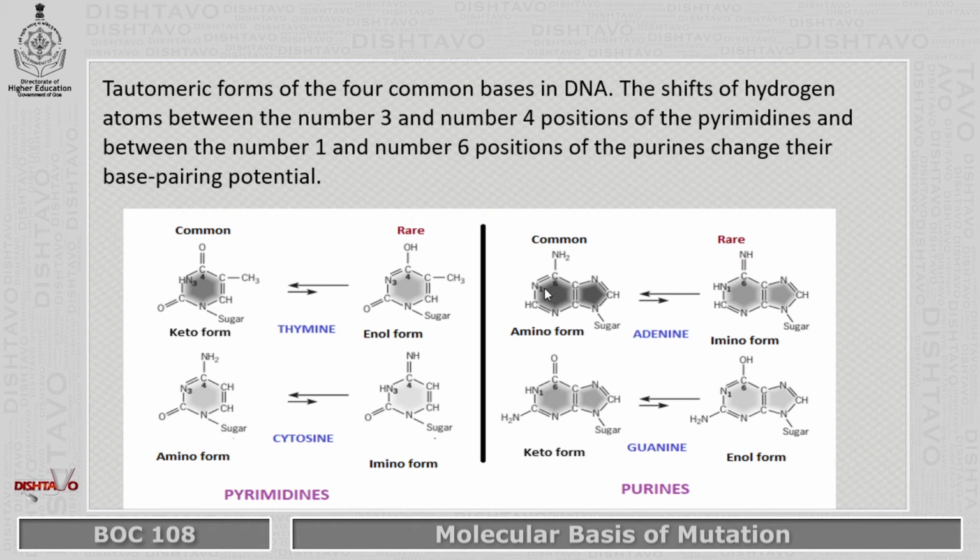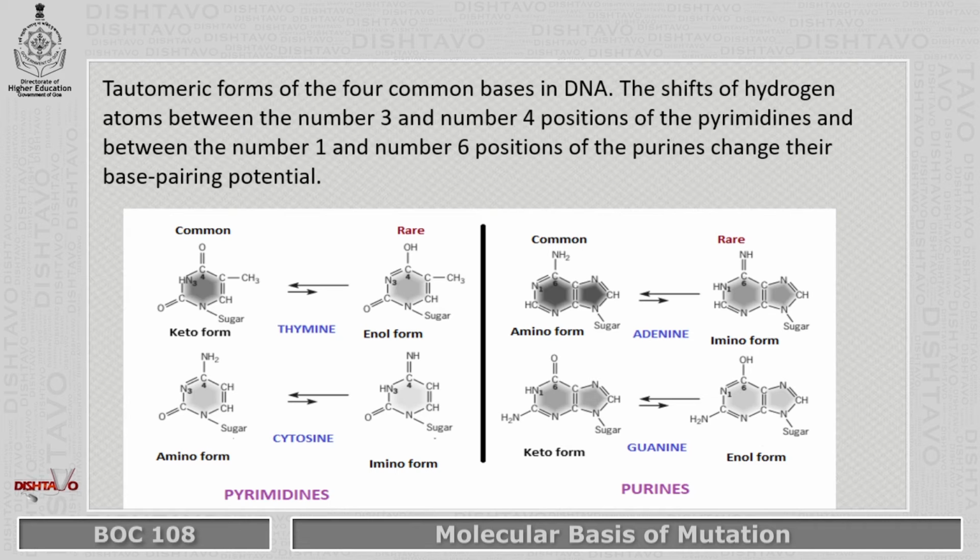And this is observed even in the case of pyrimidines, where the hydrogen shifts from the number 3 position to number 4 position of the pyrimidines. This results in tautomeric forms, different forms as compared to the more common forms.